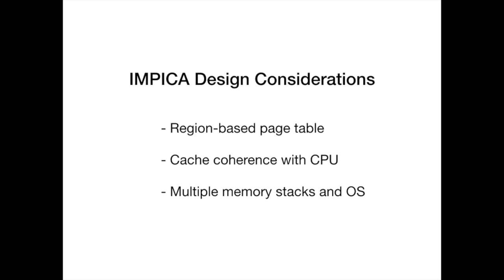Here are some other design considerations that went into in-memory. In-memory uses a region-based page table, which is optimized for in-memory pointer chasing. It's organized into 3 levels. The first level is a region table, which needs to map only a small number of the contiguously allocated in-memory regions.